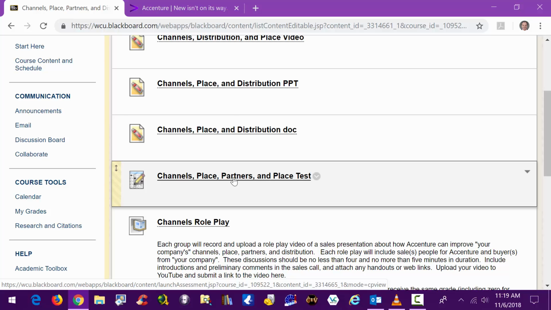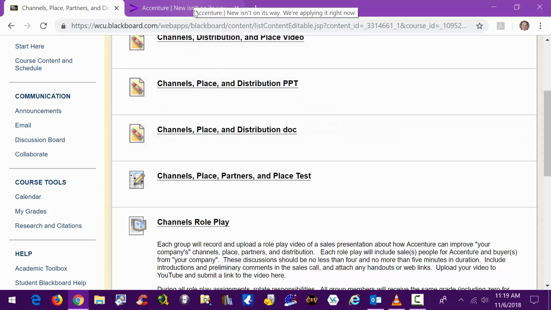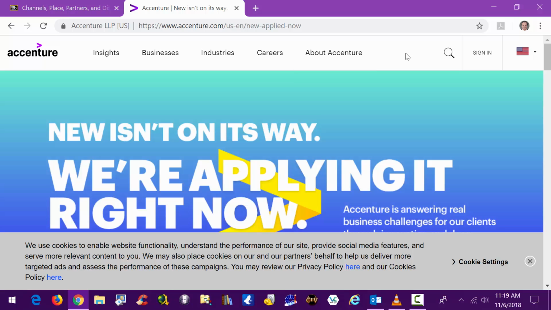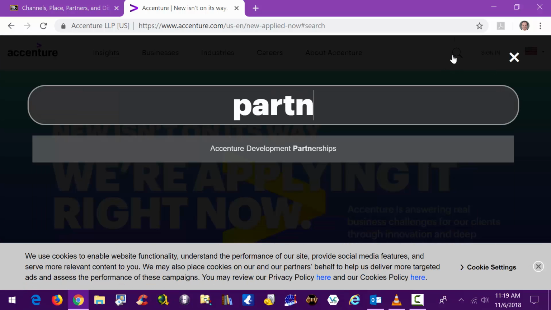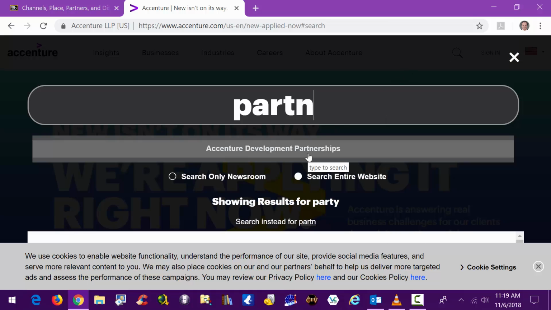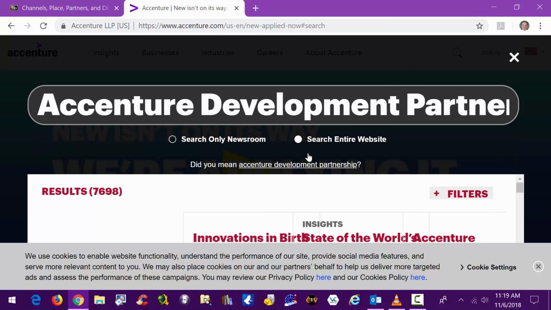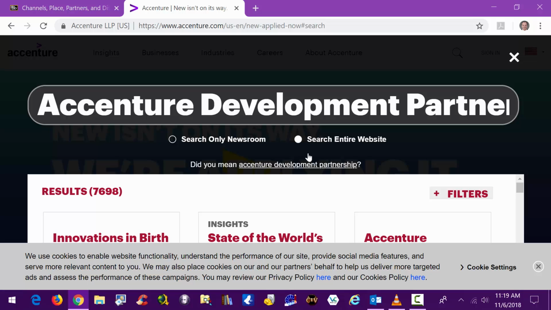I did add a word here in the text, especially for those of you who don't have physical products, because partnerships is something Accenture does a lot of. In other words, as you're looking for things to talk about, if you're talking about channels, obviously supply chain management and customer relationship management from the seller and the buyer side would be things that Accenture is going to be very big in.